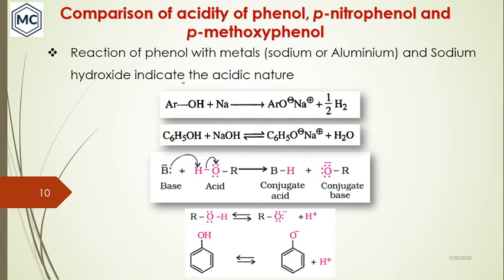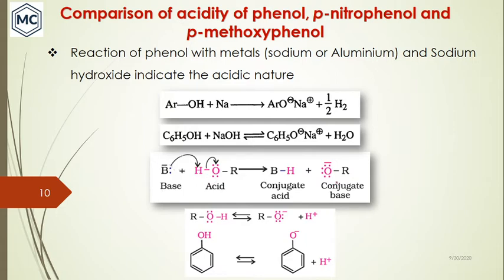This indicates that the hydroxyl H is acidic in nature and can donate an H plus ion in an acid-base reaction. In the presence of a base, it can lose this proton and form the corresponding alkoxide. This alkoxide is known as the conjugate base of this acid.